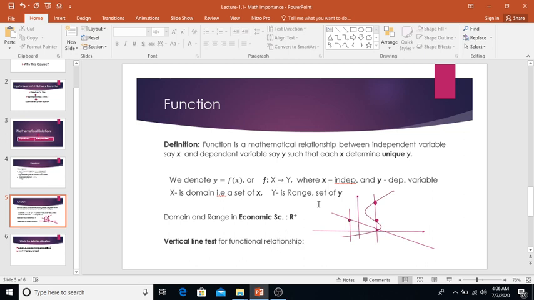And as you know, capital X is domain, which is set of independent variables, and capital Y is range, which is set of dependent variables. We denote mathematical function as y equal to f of x or of this type.